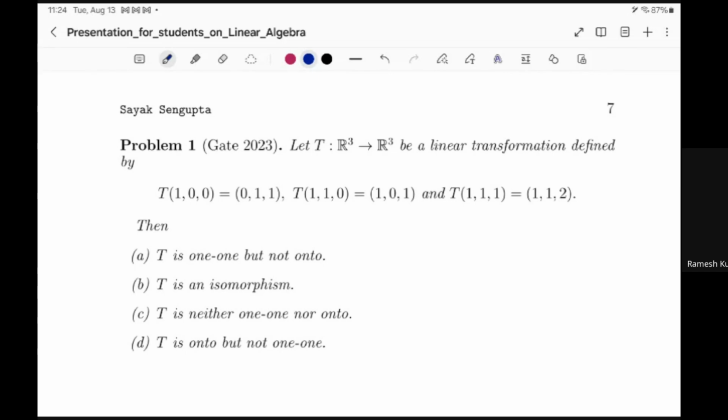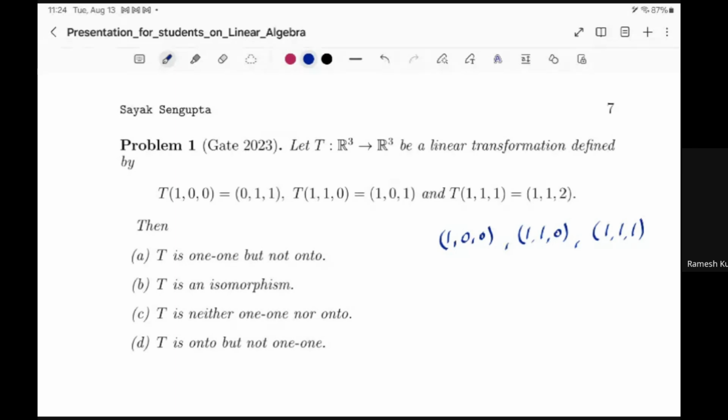You can actually see that these vectors are (1,0,0), (1,1,0), and (1,1,1). This is a basis. Well, you can of course do it the rigorous way, or you can just prove that this is linearly independent.